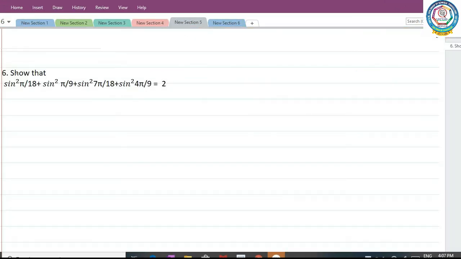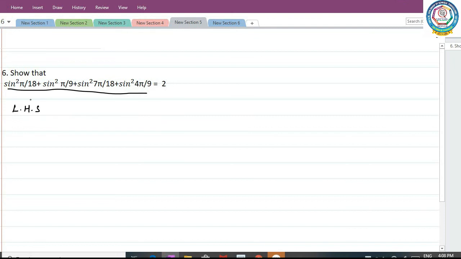Question number 6. Show that sin square pi by 18 plus sin square pi by 9 plus sin square 7 pi by 18 plus sin square 4 pi by 9 equal to 2. I have to prove this term equal to 2. So I am going to take the left hand side.